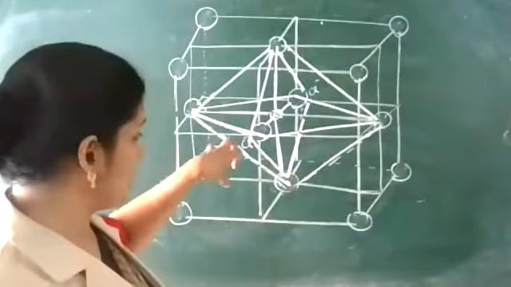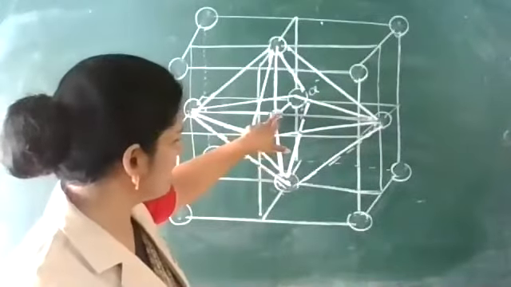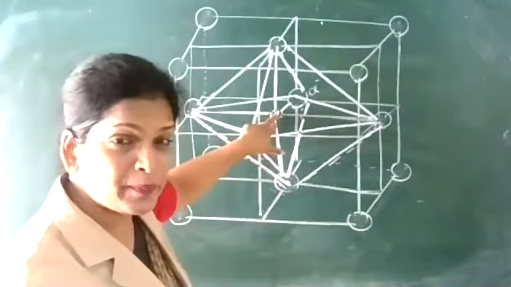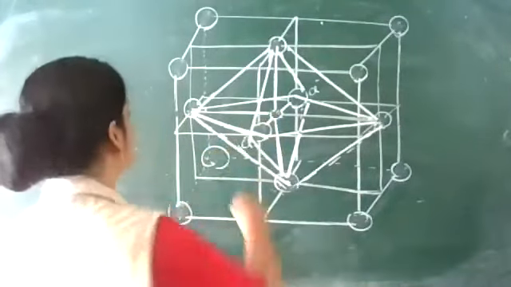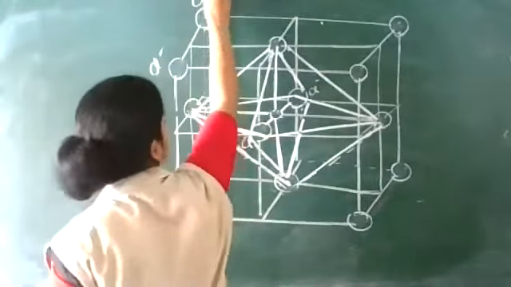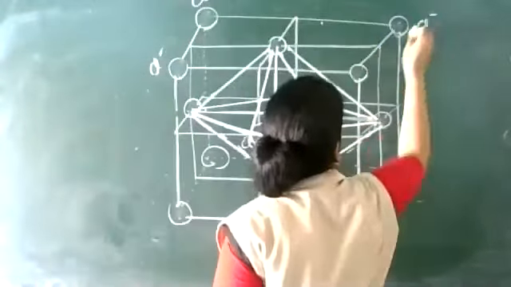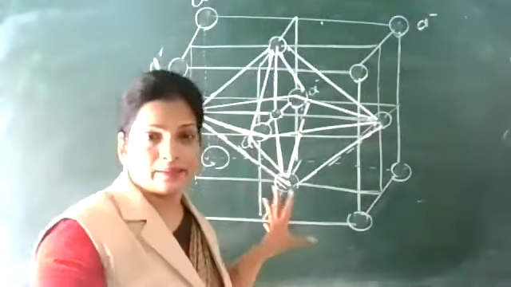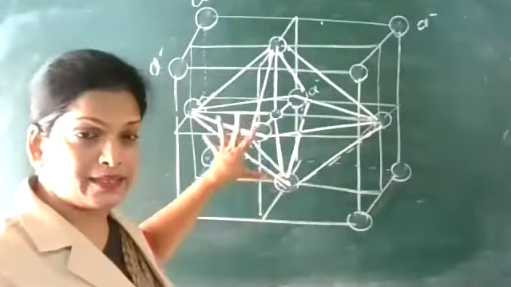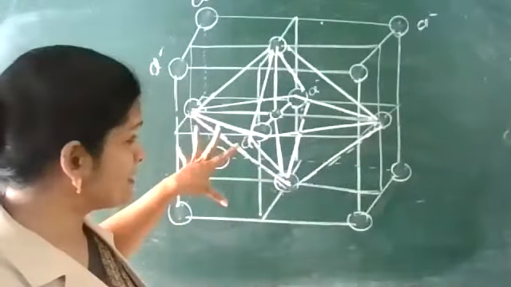so that center point, the center Na plus, is in contact with the 6 Cl minus ions, all are Cl minus. So this unit cell is made out of Cl minus.